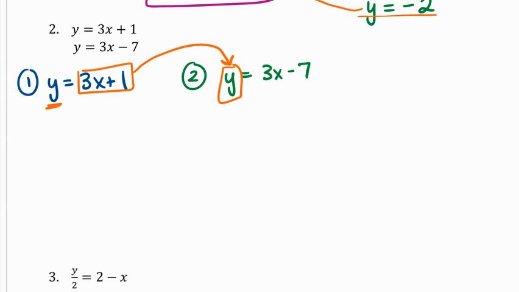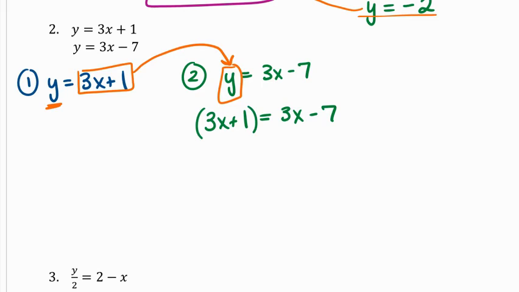Okay, so plug it in. We ready? So I'm going to replace the y with what? 3x plus 1. So I'm going to put 3x plus 1 equals 3x minus 7. Why is that not in parentheses? Is that better? Okay, it's fine.